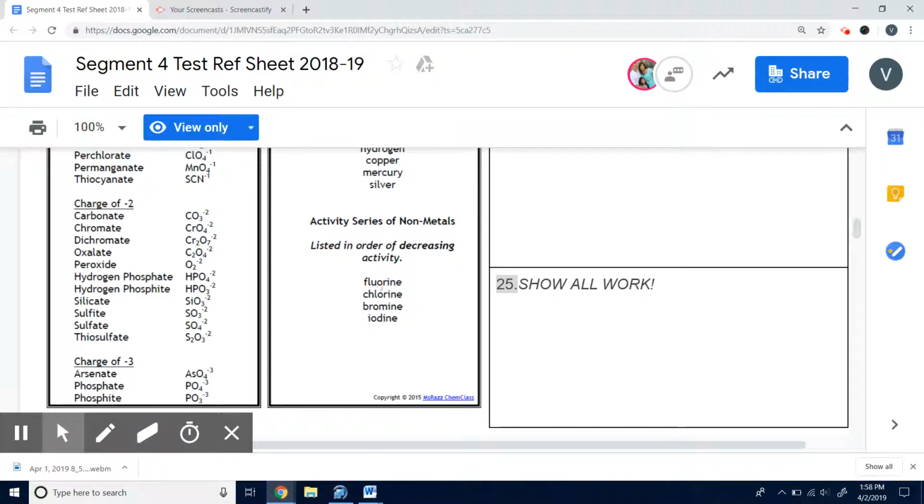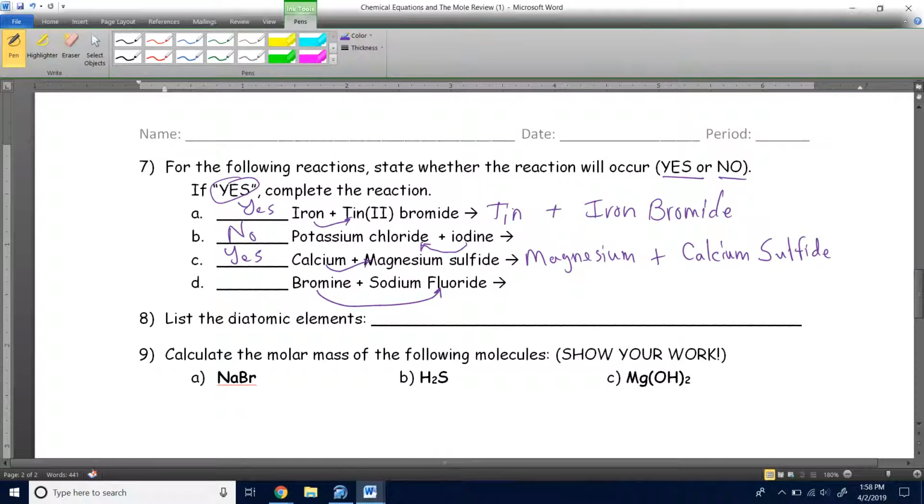Bromine's right here, and it is indeed not stronger than fluorine. So we come back over here, and we write a big no, that it is not stronger. So there's no reaction here, and no reaction here, all right?